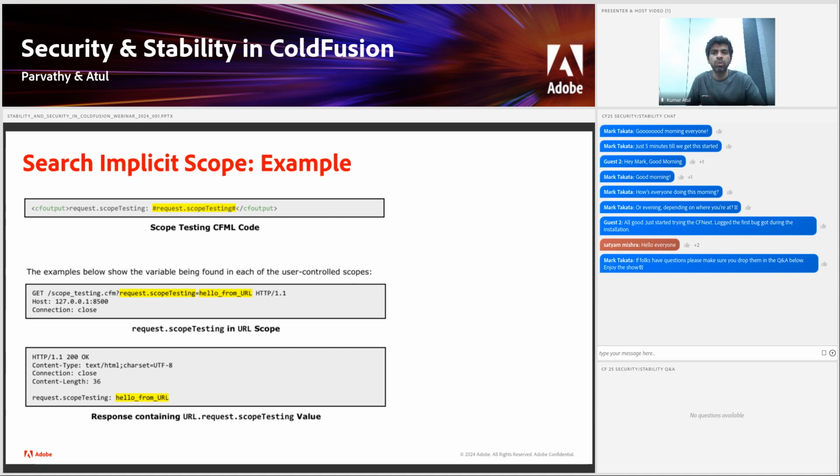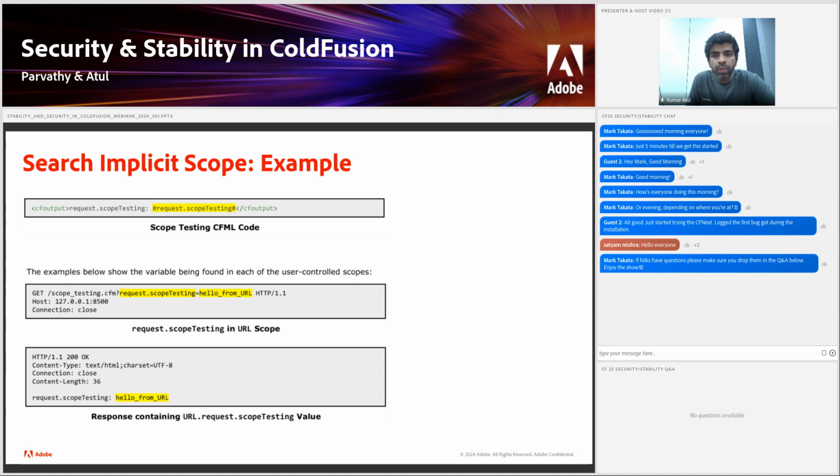But first, we'll go through a basic example of how search implicit scope works. Let's say we have created a file called scope testing, and inside this file we are just outputting the value of request.scope-testing. It should look for this value, scope testing, inside the request scope, right?